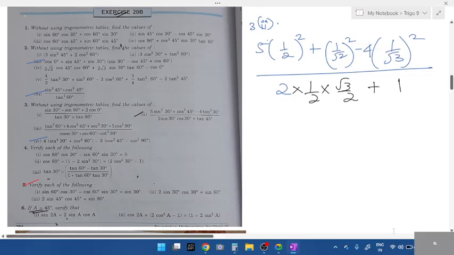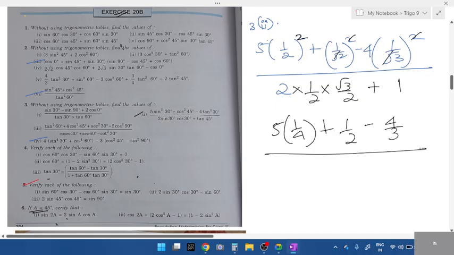Yes, done. Tell me the calculation. What is 1 to the power of 2? 1 by, next, next. 4 into 1 by 3 is 4 by 3, right? This 2 and 2 gets cancelled. What is left?